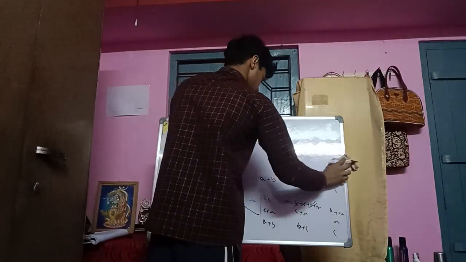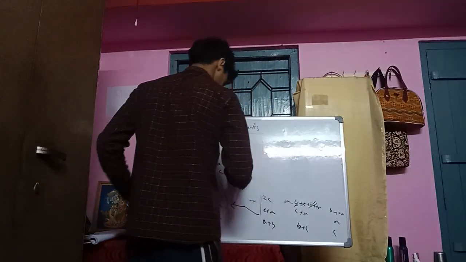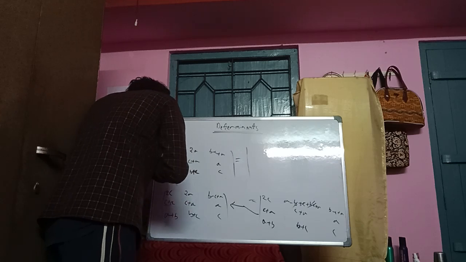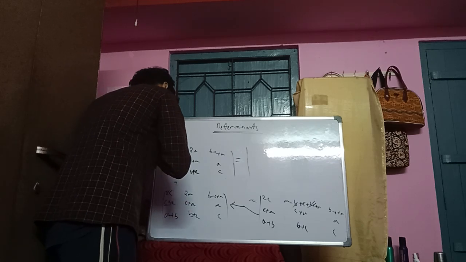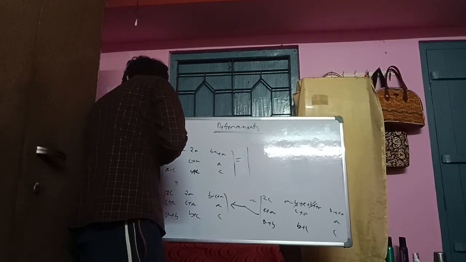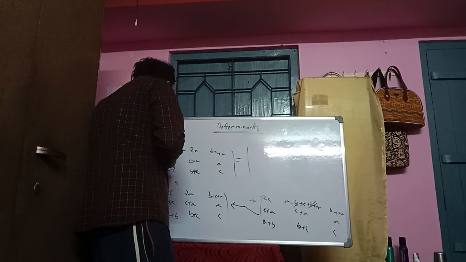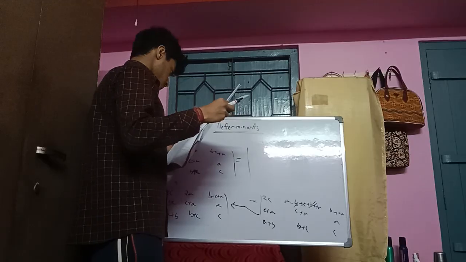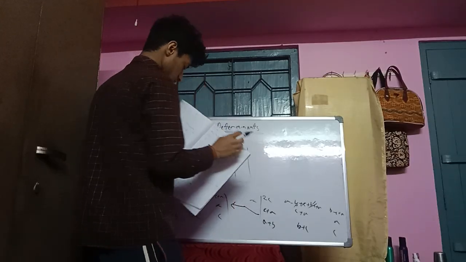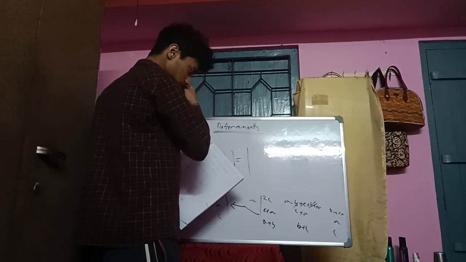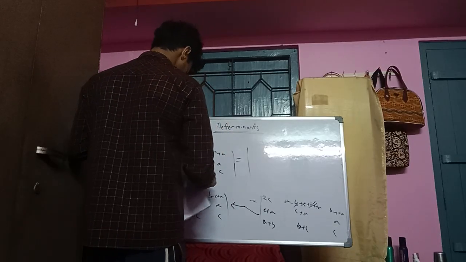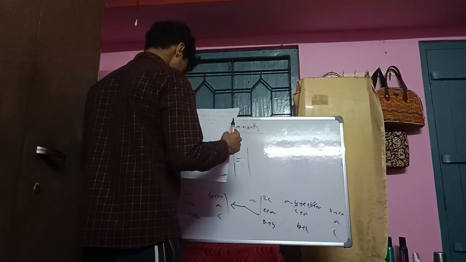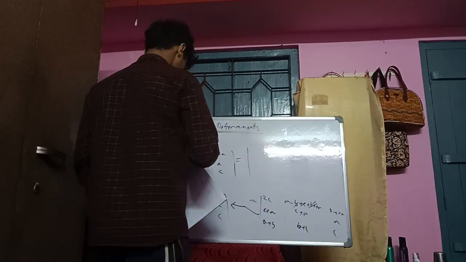Then the next step. What we are doing is we are gonna be multiplying this third row with 2, and then we are going to be adding it to the first row.